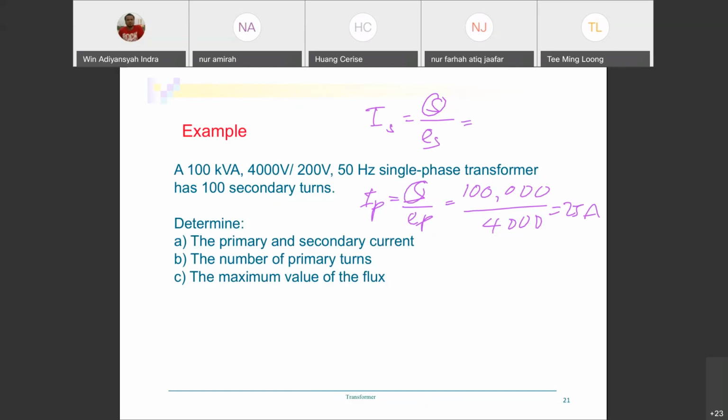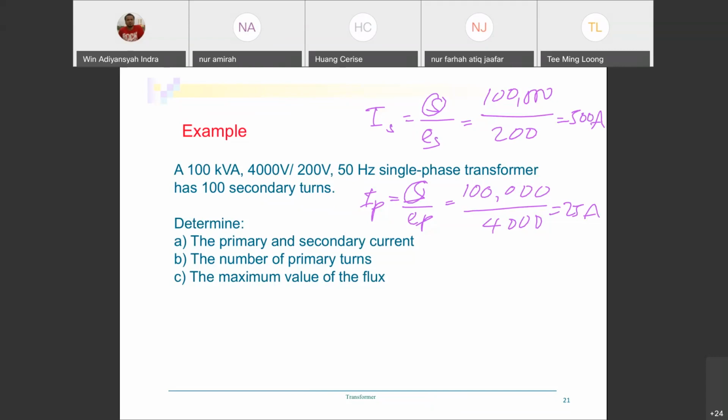Unless it is stated that it is not an ideal transformer, they will usually give you the apparent power for the secondary part. But since it is not mentioned, that means it is an ideal transformer. So S is 100,000, ES is 200. So this is 500 then. Right.